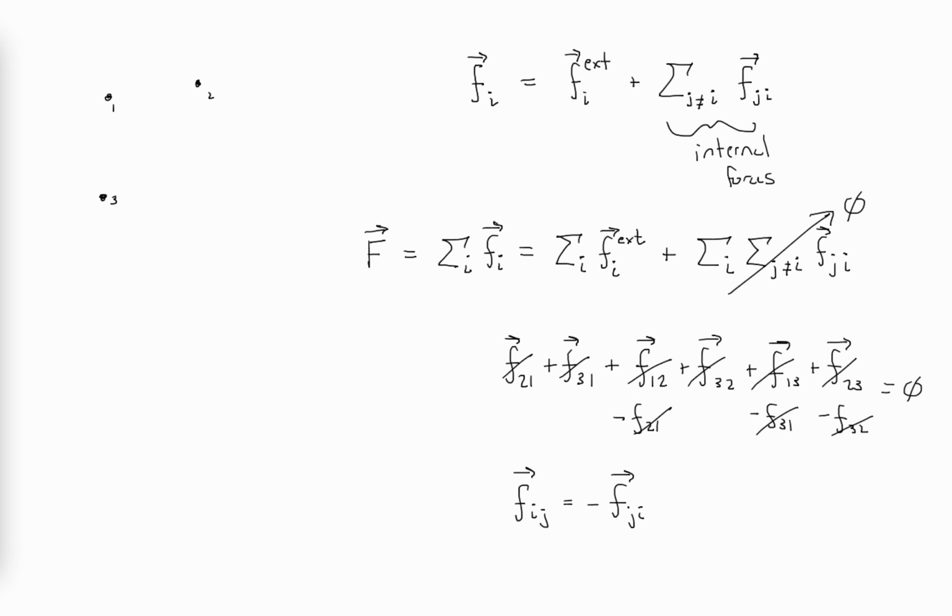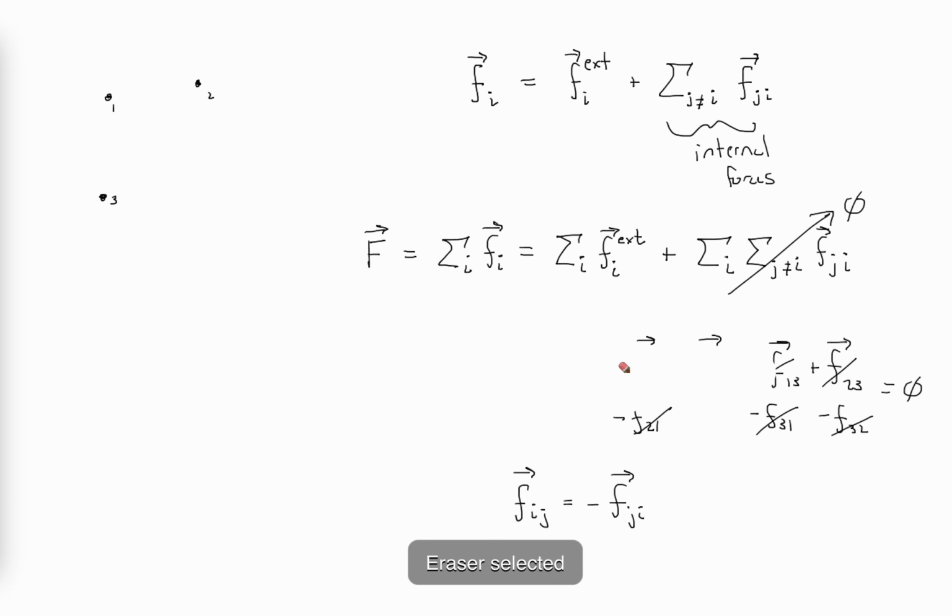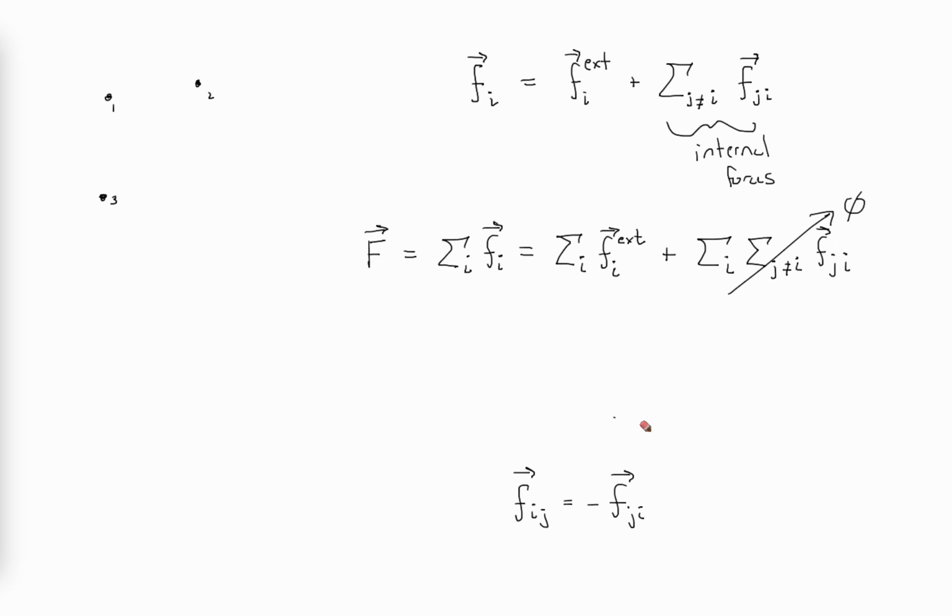And so what that tells us, as I clear a little bit of space since we don't need this anymore since it's all 0, is that the total force is this sum, and this sum is just the sum of the external forces.